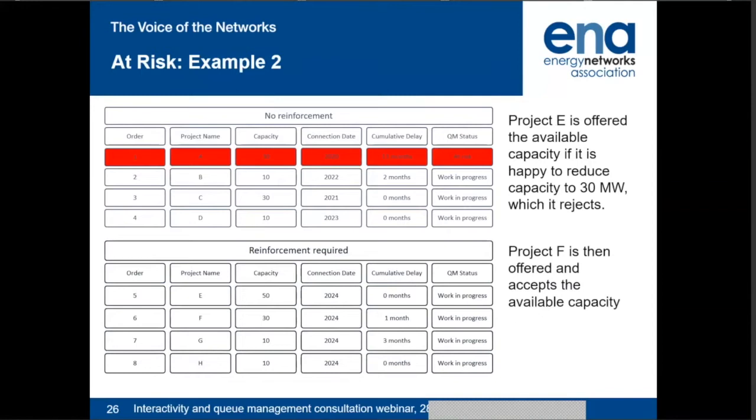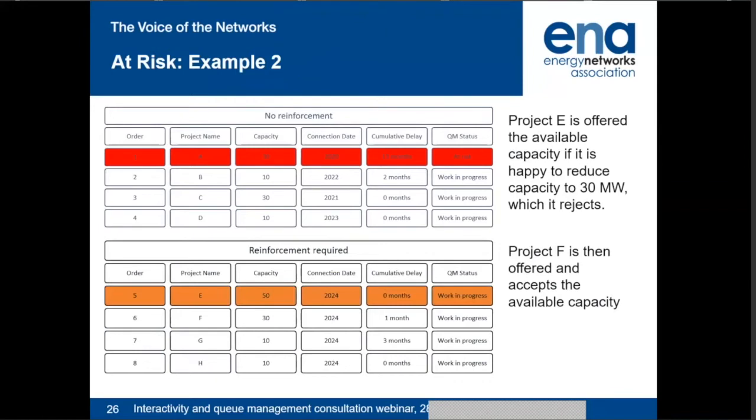Now, what we've said in this policy for this instance is that if the capacity available is less than the size of your project, then you can accept it, but you would have to reduce the size of your project to fit with that capacity. In this instance, Project E would rather connect its original size project, 50 megawatts, at a later date, and so it turns down the ability to connect earlier with revised costs and securities.